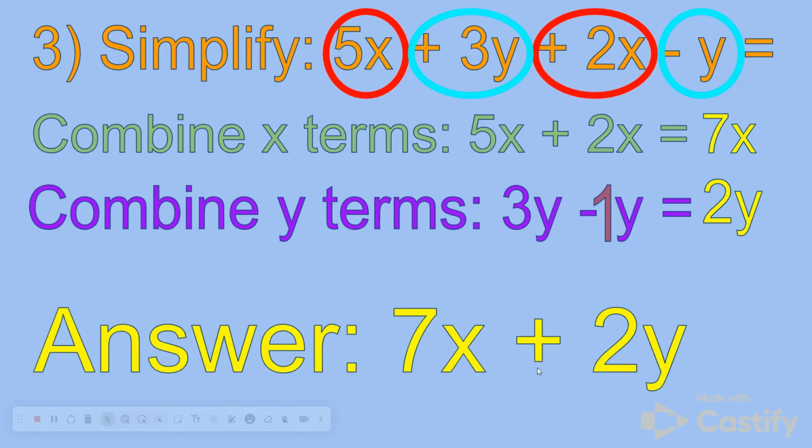And I know it's plus 2y because this is a positive 2. If it was a minus 2 or a negative 2 when you combine like terms, you'd have 7x minus 2y. But I just add my x's together, add my y's together. There's my simplified expression. Remember, we cannot put x and y together, so we can't do anything else with this example.